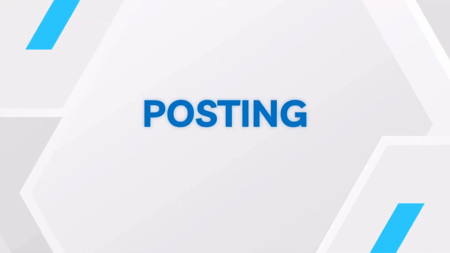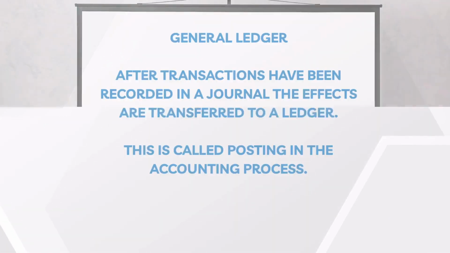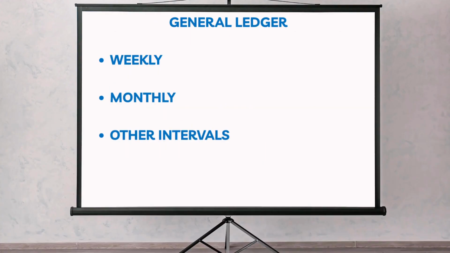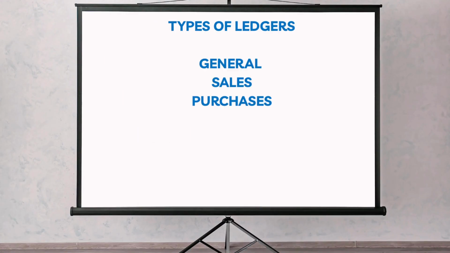The next step is posting. After transactions have been recorded in the journal, the effects are transferred to a ledger. This is called posting in the accounting process. Posting of journal entry information from journal to ledger may be done weekly, monthly, or at other intervals.